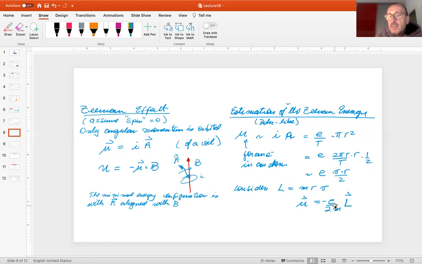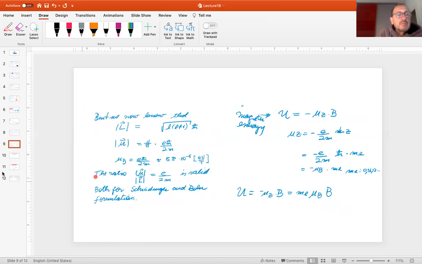So the unit of magnetic moment is essentially e h bar divided by 2m. This unit, e h bar divided by 2m, has a name, okay? This is called the Bohr magneton. It's the actual unit of the magnetic moment of an electron in an atom.